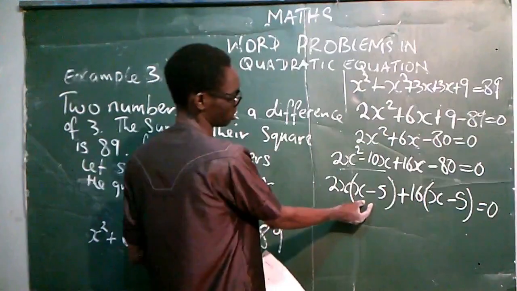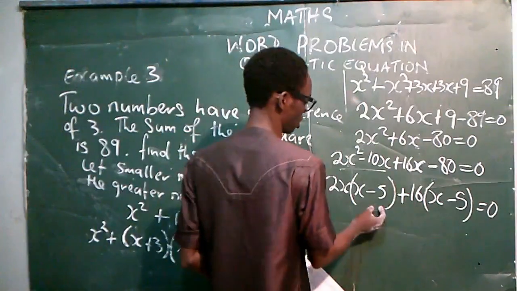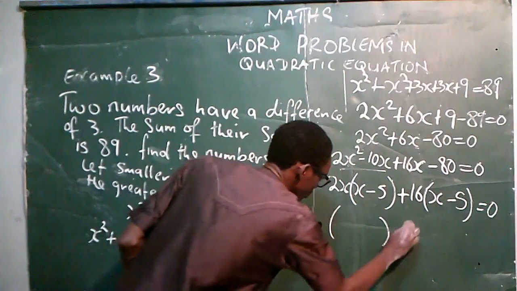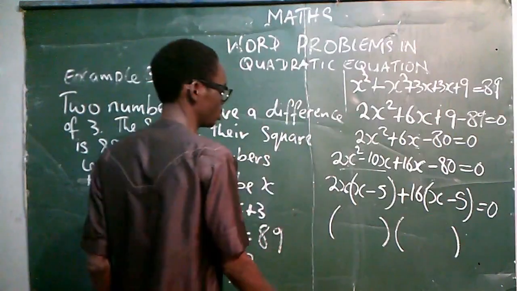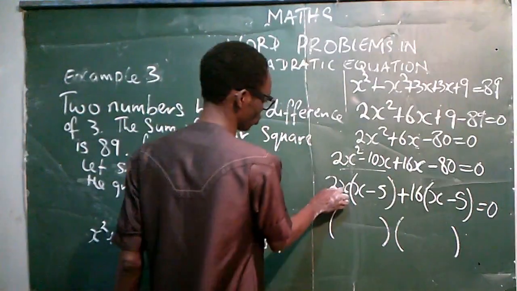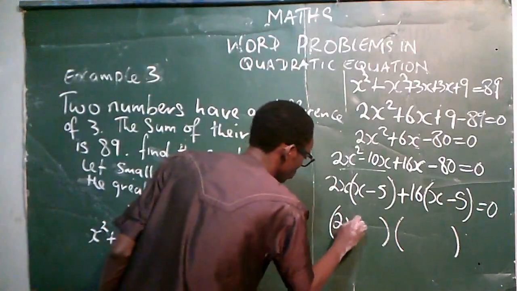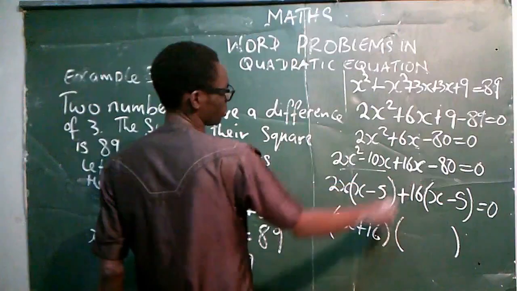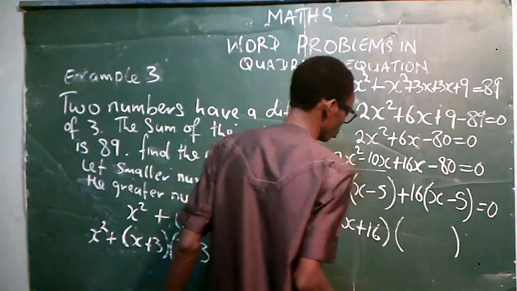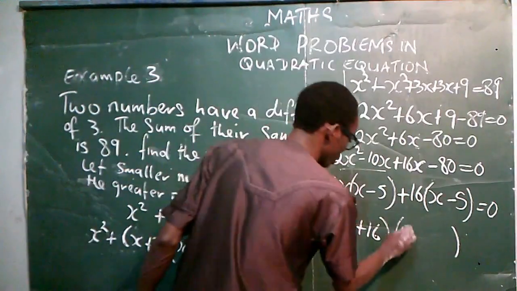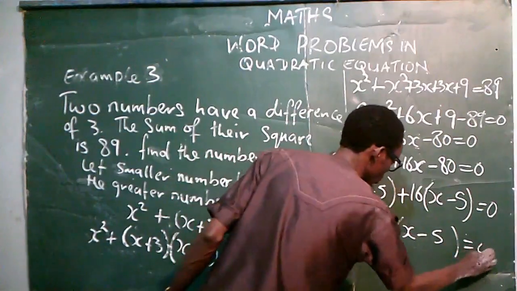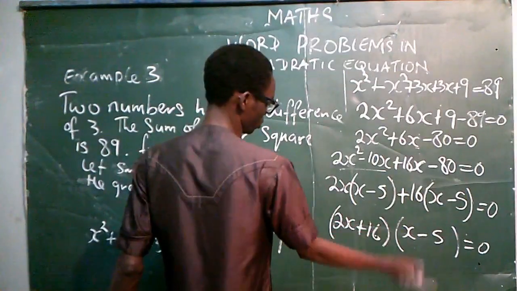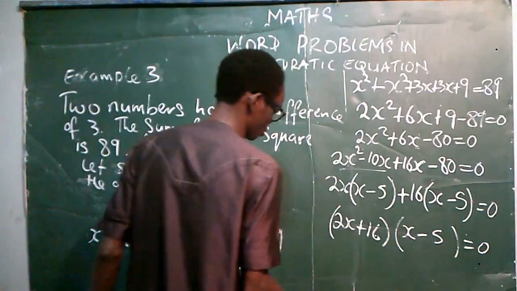So the expression in the brackets is repeating itself here. The first bracket is 2x plus 16. The second, you pick one of the expressions in the bracket, x minus 5, equal to 0. 2x plus 16 equal to 0, or x minus 5 equals to 0.